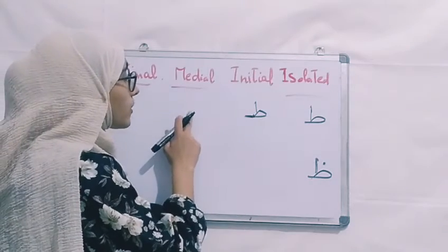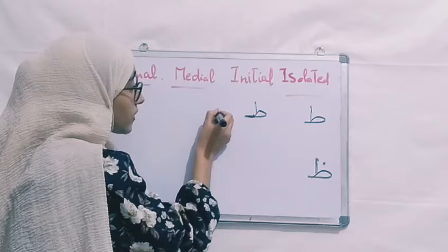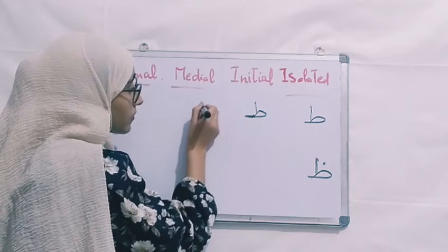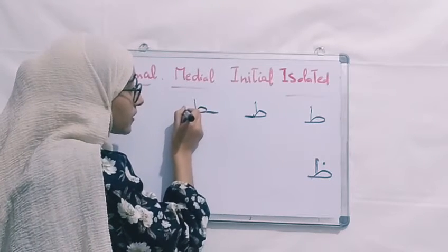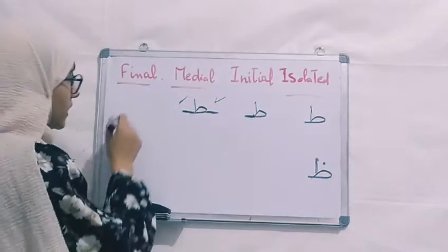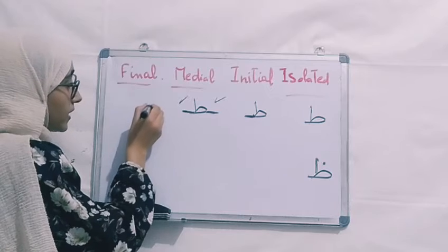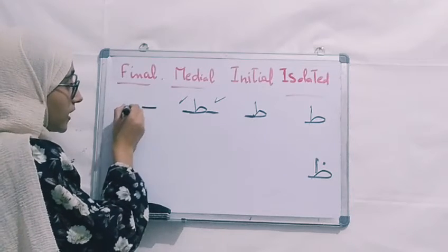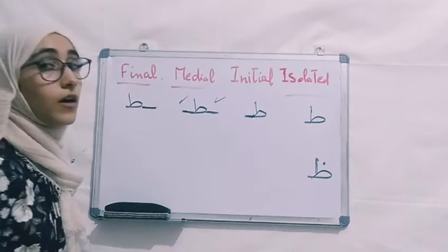In the middle form, you keep the connecting line and then write طا, then keep this straight because it needs to be connected to before and after. In the final form, you keep the connecting line, then write طا.